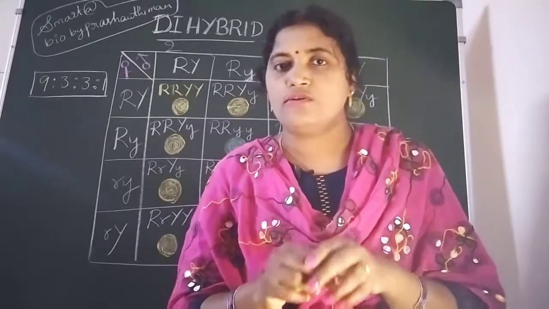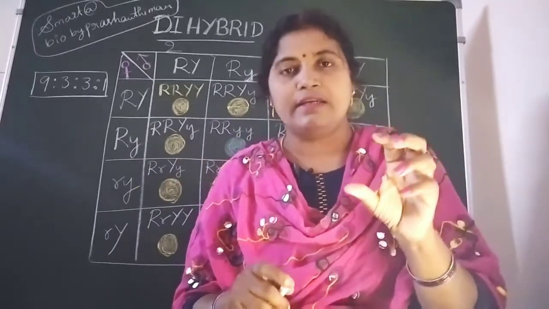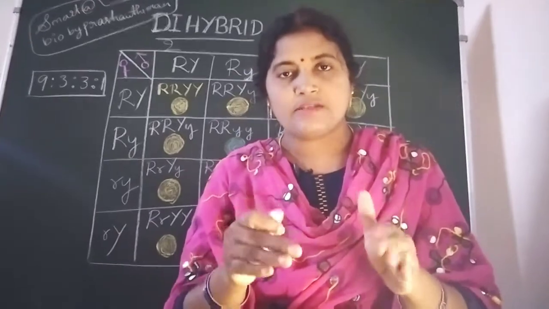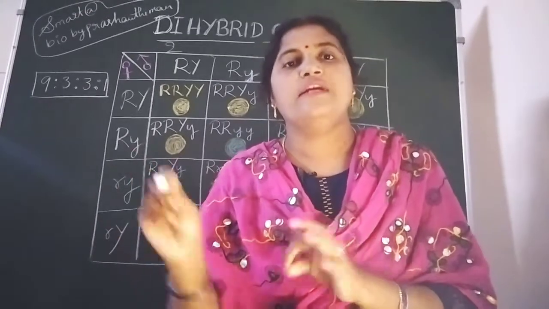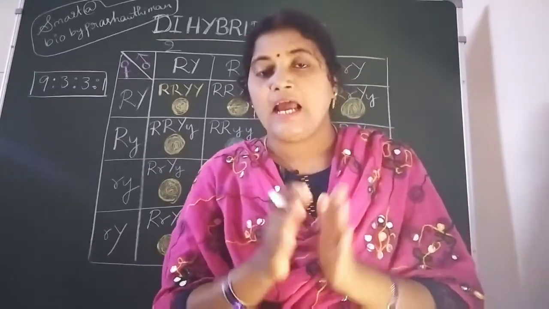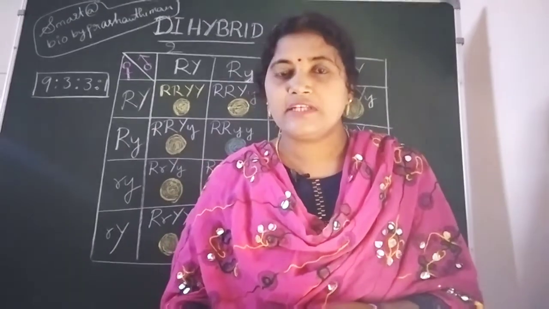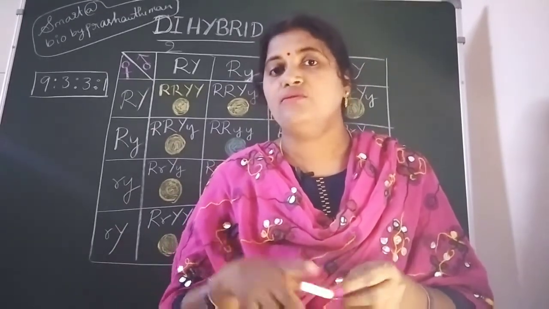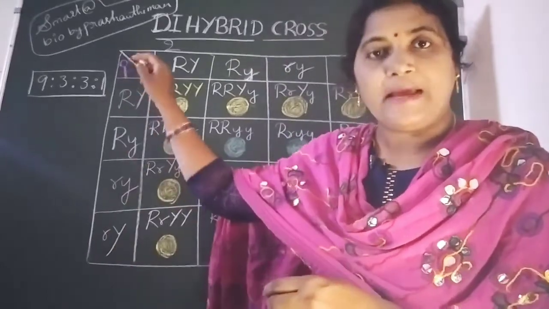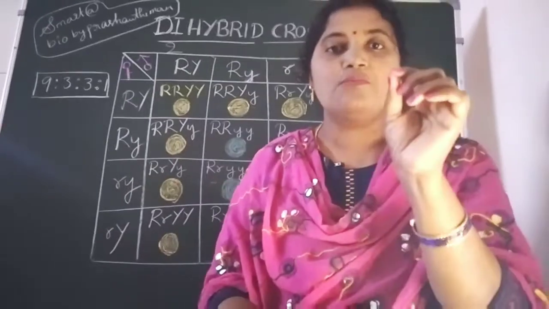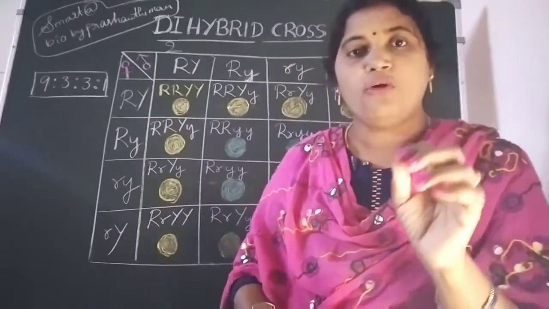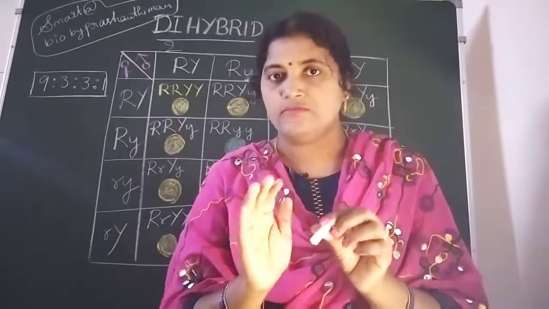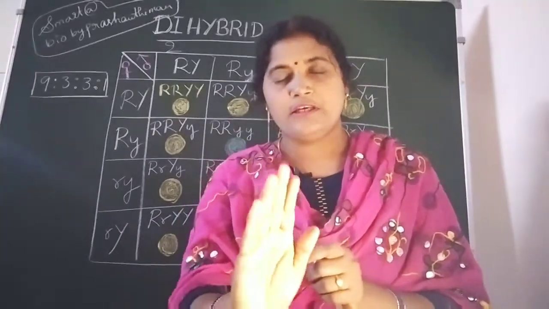Even in the introduction to heredity I have told that dominant traits are always denoted with capital letters, and recessive traits are not expressed in capitals, they are expressed in small letters.